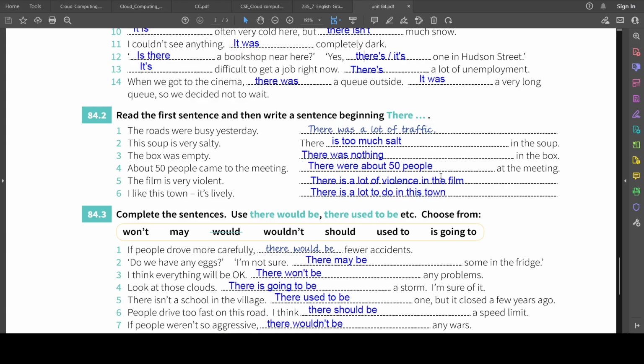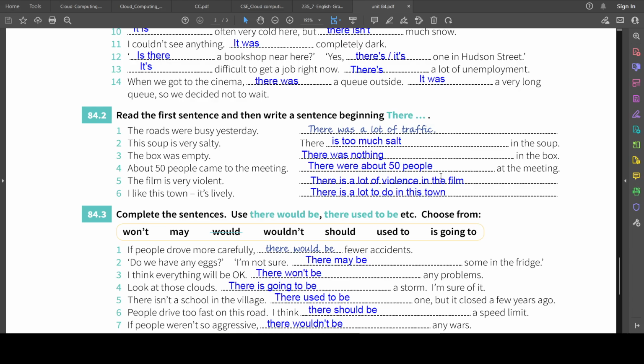But in the second part, we're talking about existence, like there was a lot of traffic. We're talking about a lot of traffic existing. There's too much salt in the soup, so we're talking about a lot of salt existing in the soup. There was nothing in the box, so we're talking about how there doesn't exist anything in the box.